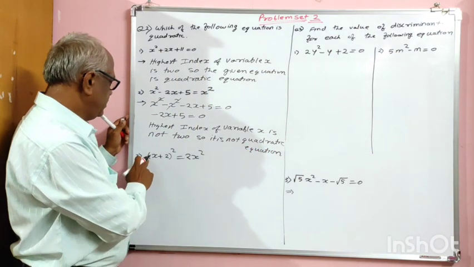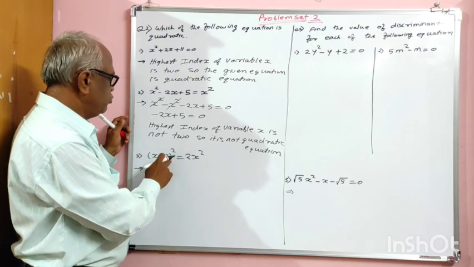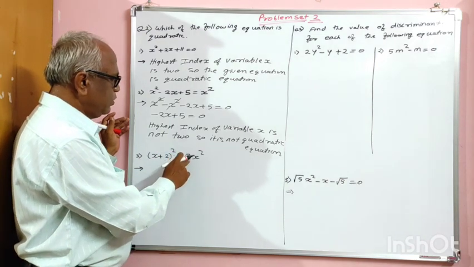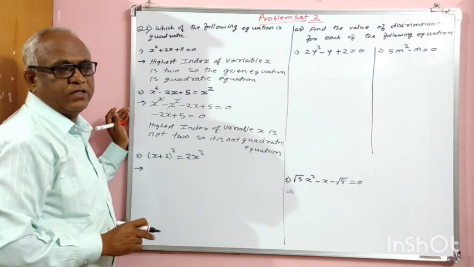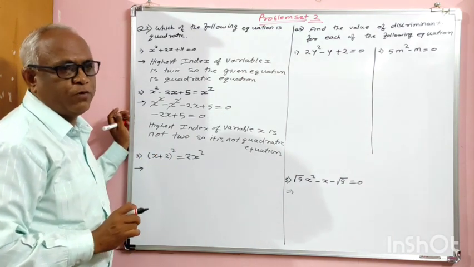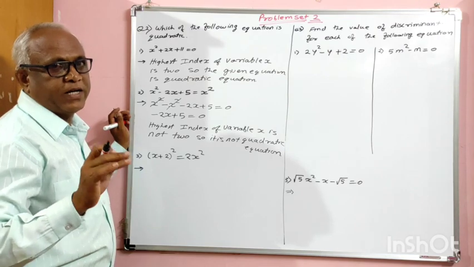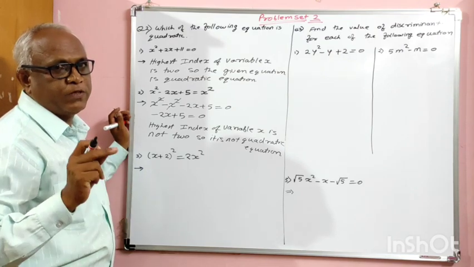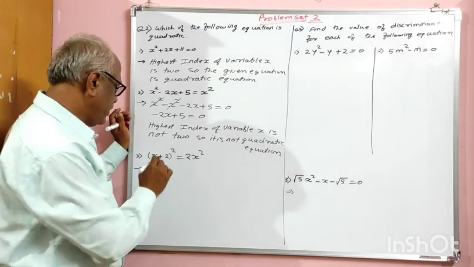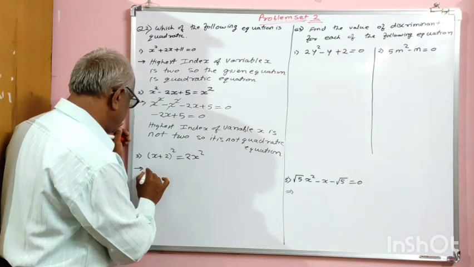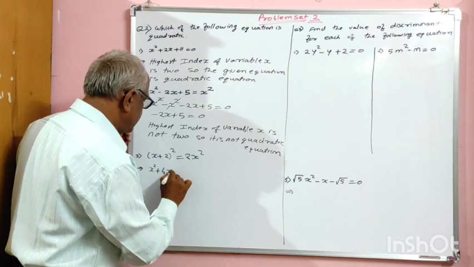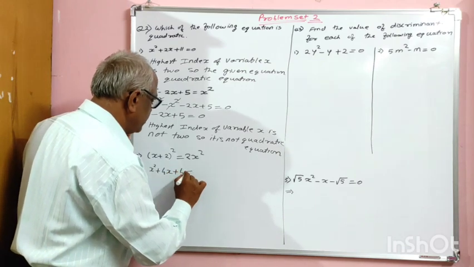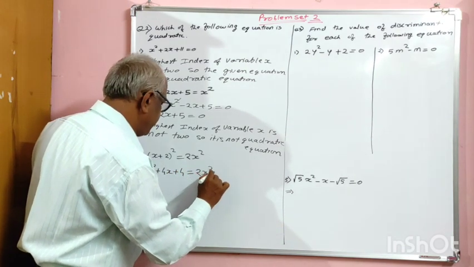Third example, (x plus 2) whole square is equal to 2x square. Here we split (x plus 2) whole square by using the formula (a plus b) whole square is a square plus 2ab plus b square. So x square plus 4x plus 4 is equal to 2x square.